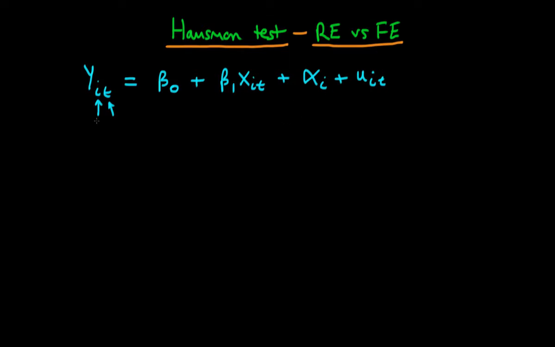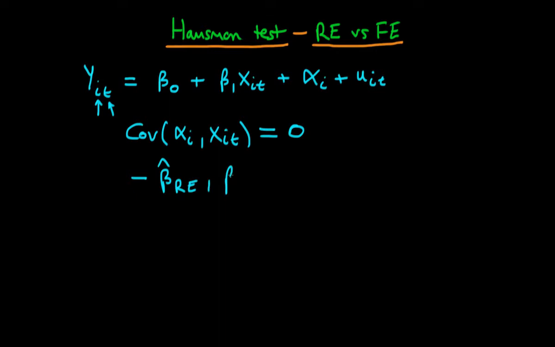Okay, so remember that random effects essentially assumes that the covariance of alpha i with the independent variable x_it is equal to 0. And if this covariance is equal to 0, it is the case that both random effects and fixed effects are consistent estimators.